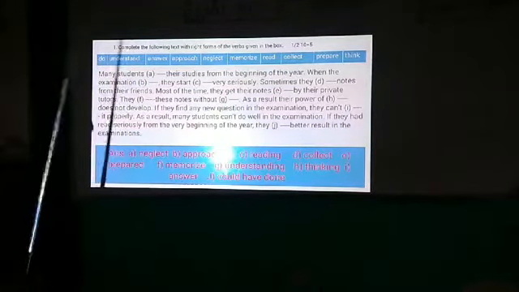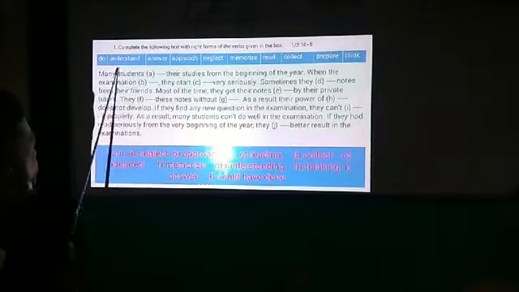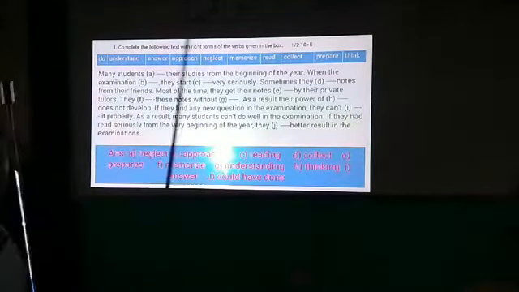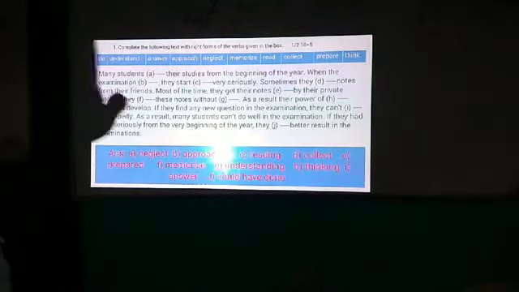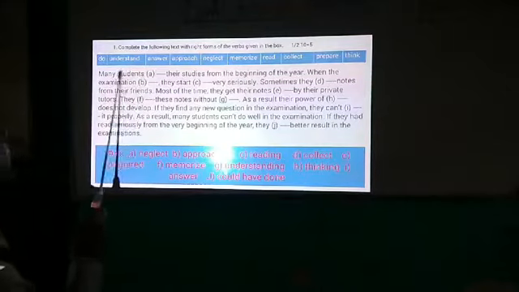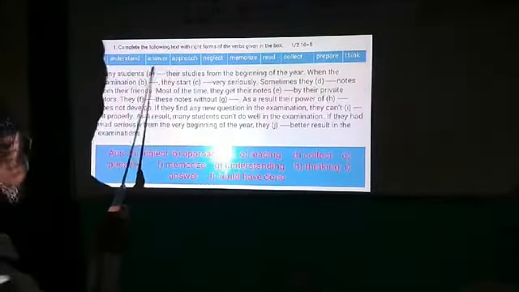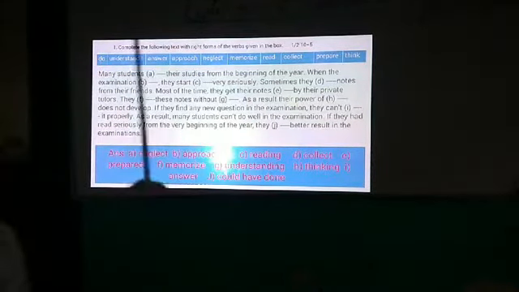Many students. So dear students, this is a subject, and I know the symbol of finite verb: number one, subject, then we have number, tense and voice. So we have a subject, then I am sure that in this gap the verb should be a finite verb.